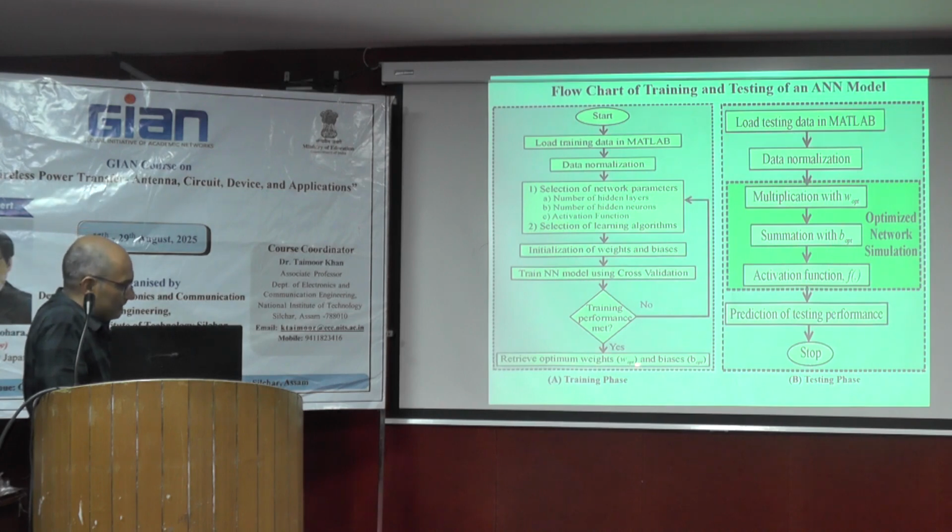Now after retrieving these weights and biases, you take them to the testing part: load testing data into MATLAB, data normalization, then multiply with the optimized W matrix, then add the bias values, then the activation function, and finally predict the testing performance.